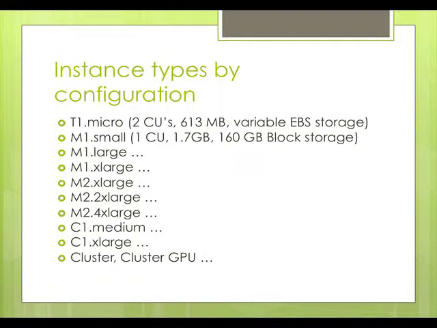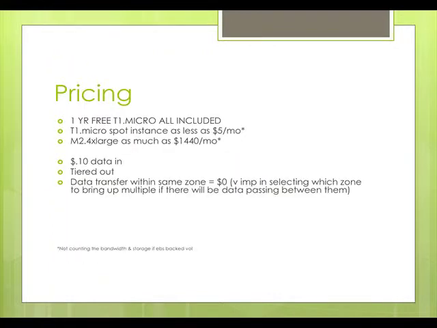And these are more recent entrants, I think. So those are by configuration. Pricing. As I said, if you don't have an account right now with Amazon, you can get a free micro instance for 1 year.